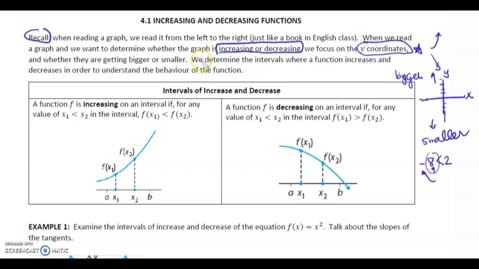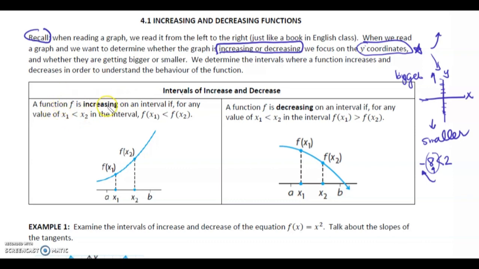Okay? So we determine the intervals where a function increases and decreases in order to understand the behavior of the function. Okay, we kind of want to know what's going on. So here's an overview of intervals of increase and decrease.